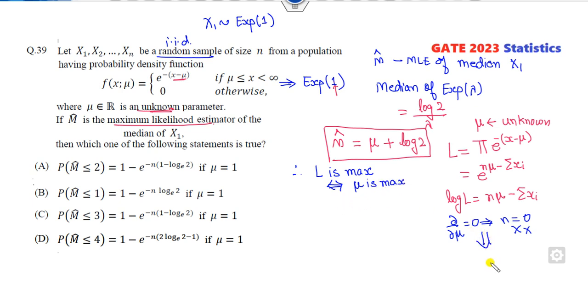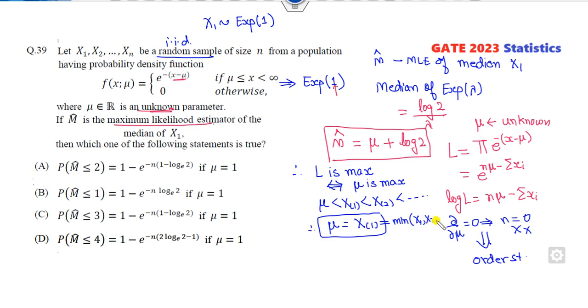I can move to the ordered statistics. Therefore mu is maximum over this x1. What is x1? It is the minimum of x1, x2 and so on. Clear?